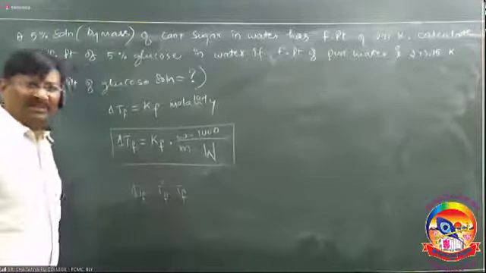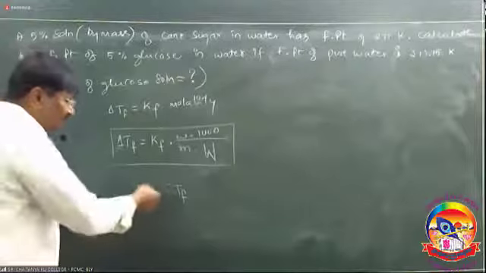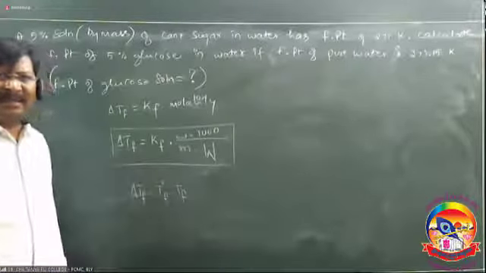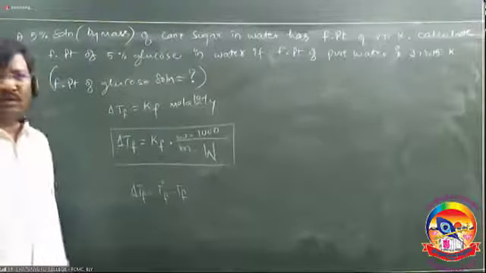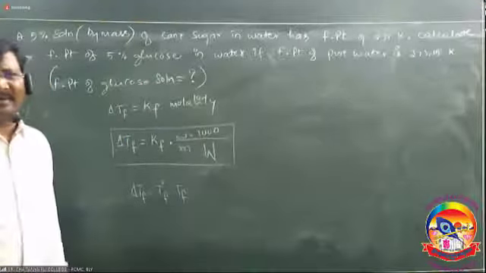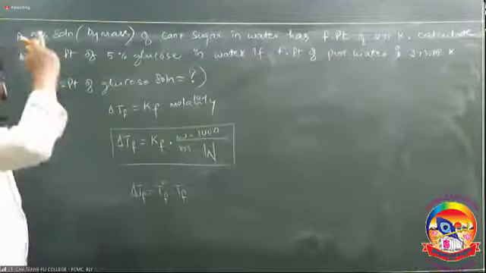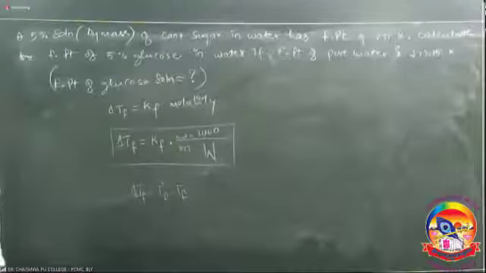That is depression in freezing point. For both cane sugar solution and glucose solution, water is the solvent. And one more thing, that is also 5%.